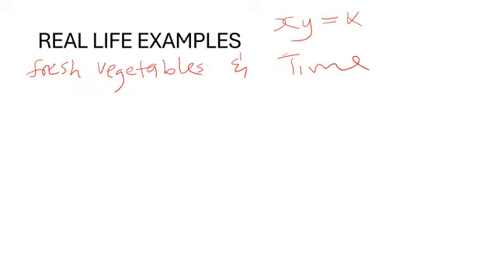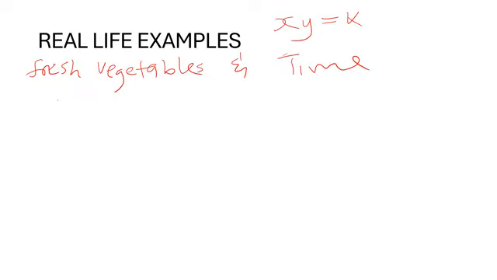Mukagula masamba lero mukasunga amauma amanyala. So the freshness of vegetables is inversely proportional to time. As time goes, the freshness goes away.